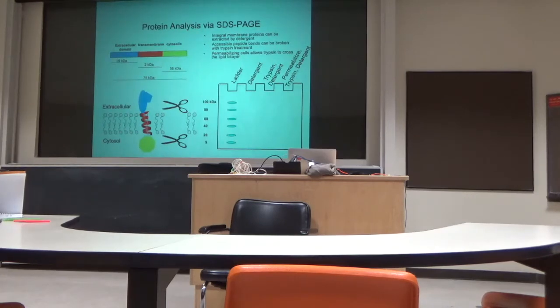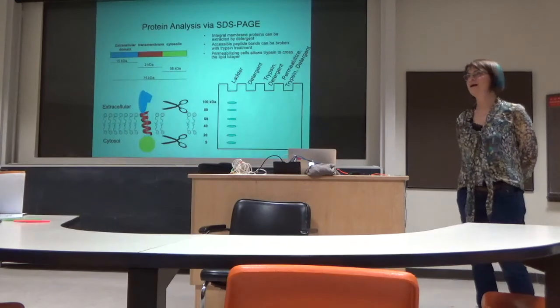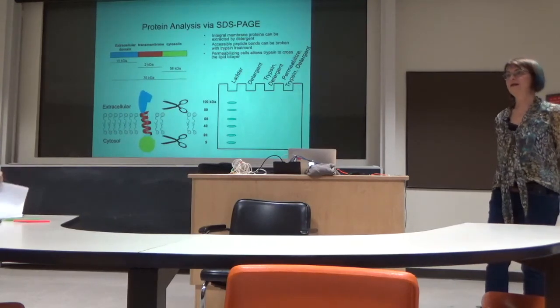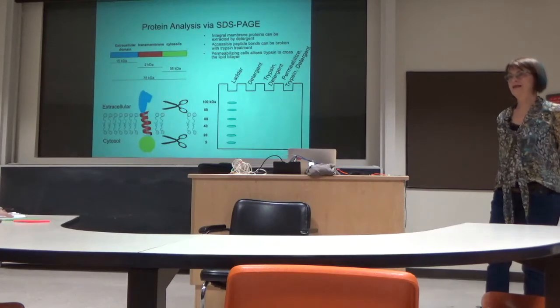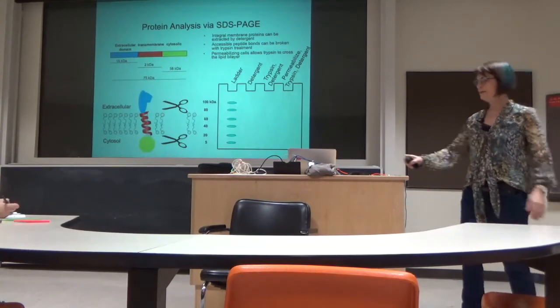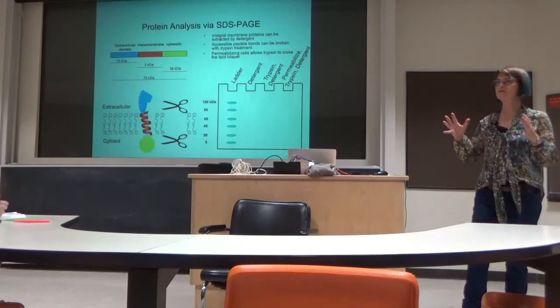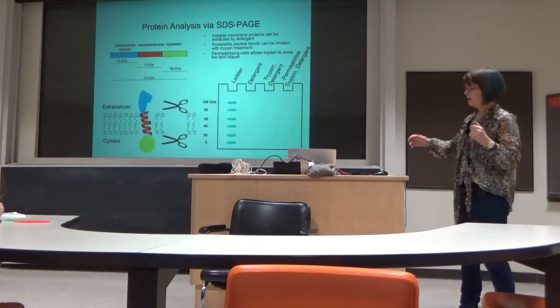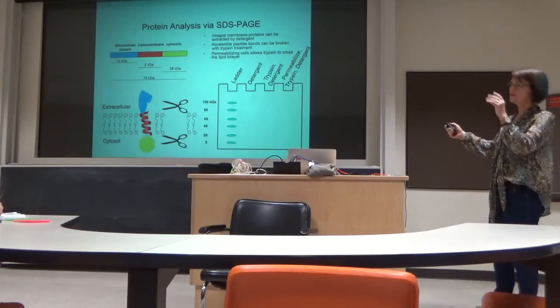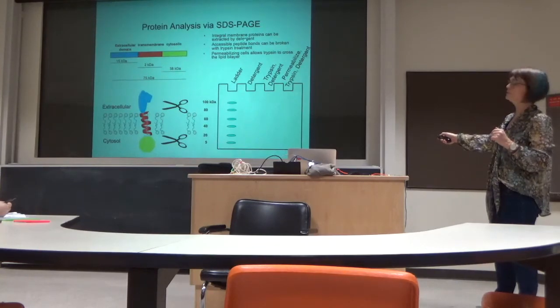So when we say extract the integral protein, what does that really mean? Because if we still need a permeabilizing detergent to allow it to go through, when we say we extract it, what we mean by extract is the treatment with, here in some slides I've added this, a gentle detergent.